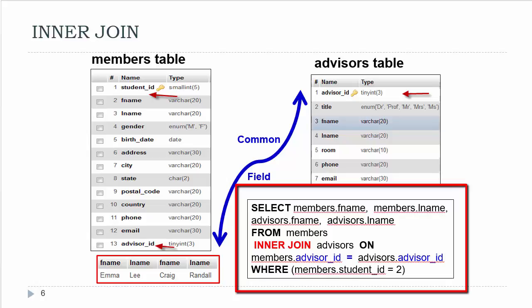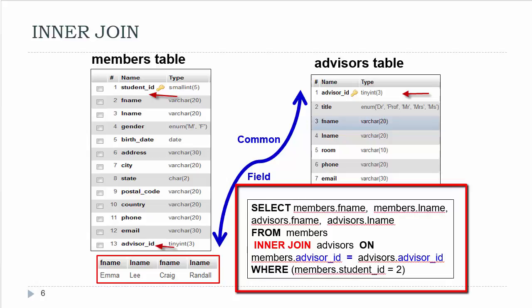So here we have a SELECT members.fname, members.lname, the first and last name of this member or the student, advisors.fname, advisors.lastname. That would be the first and last name of the advisor. FROM members, the table, INNER JOIN, the table advisors, ON, here's our condition, members.advisorID = advisors.advisorID.